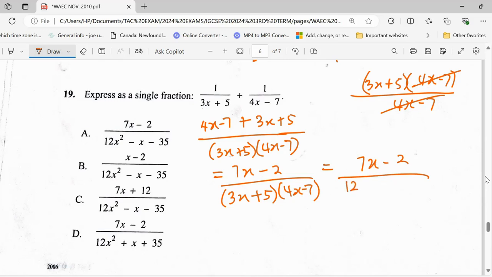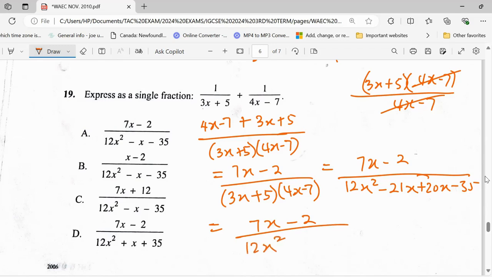That's 12x squared. 3x times minus 7 is minus 21x. 5 times 4x is plus 20x. 5 times minus 7 is minus 35. This becomes 7x minus 2 all over 12x squared, minus 21x plus 20x is minus x, then minus 35, which is option A.